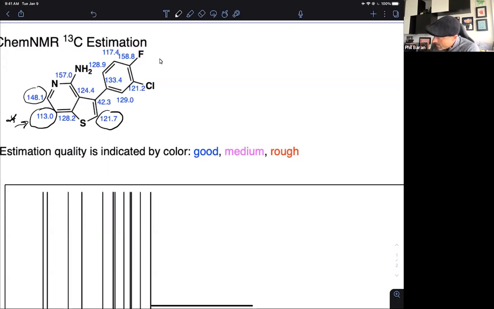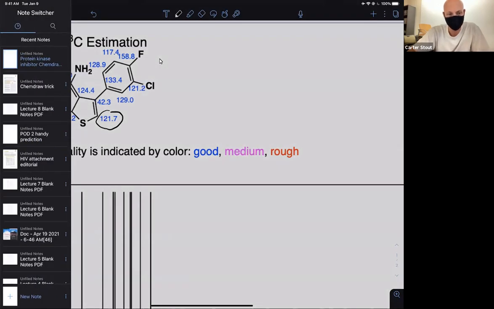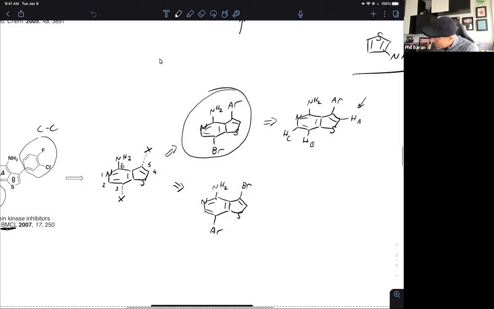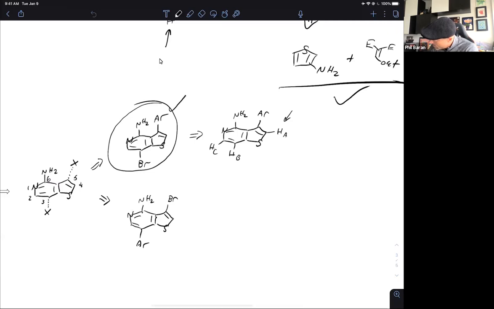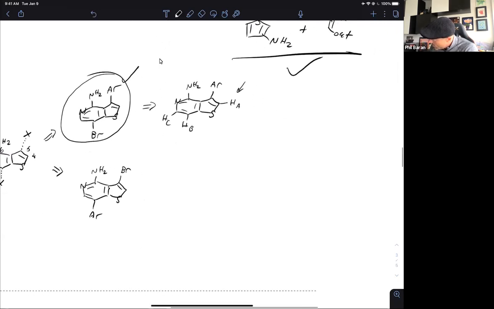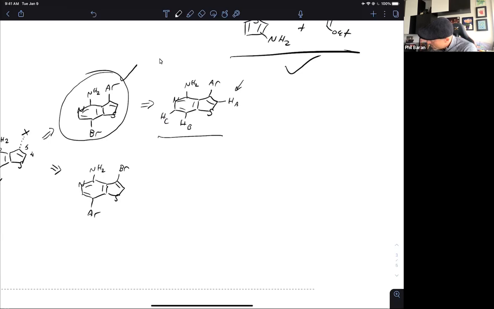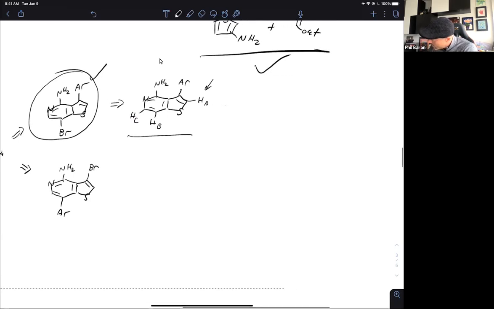That's 148. So while they're complaining about your idea, you open up ChemDraw, you do the prediction of C13, and you tell them, I am positive my idea will work. And that means this is a viable starting material. And so we can then keep going along this line with very high confidence that our NBS step is going to give us the correct product.